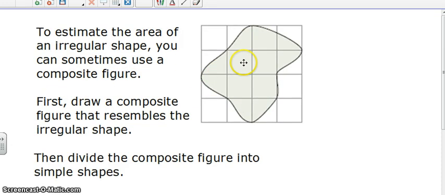If you have an irregular shape, I mean, it's not a polygon, we've got these curvy areas, almost an amoeba looking kind of thing, we can estimate the area by treating it as a composite figure. So first we would draw a composite figure that kind of resembles the irregular shape, and then divide that figure into simple shapes.